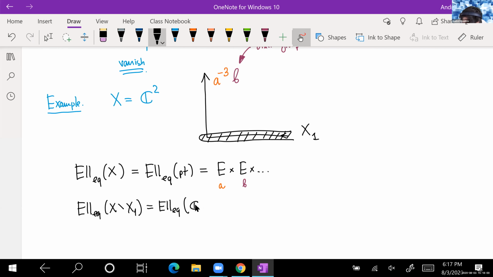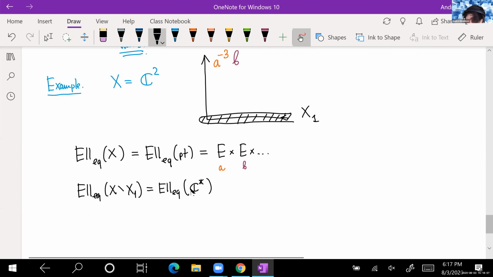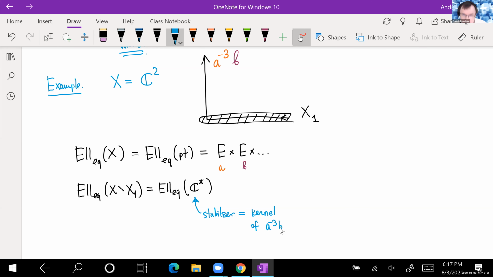The vertical direction becomes C star, and these are orbits. These are precisely orbits with the stabilizer. So here the stabilizer is, the one-dimensional orbits of my group, and the stabilizer is the kernel of this character A minus 3 equals B. Right?